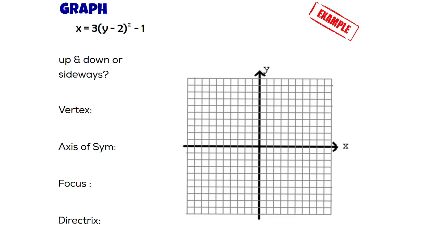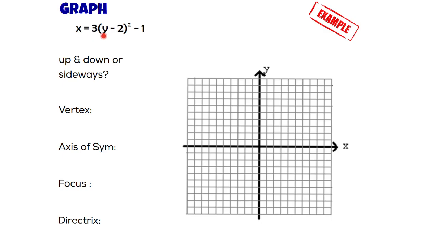Okay, let's try one. You've graphed parabolas a lot. Now I'm going to show you some of the new things about a parabola. If you look at this equation, can you see what looks wrong with it? It is an x equals, and then the y is in here. Normally, it's the other way around.